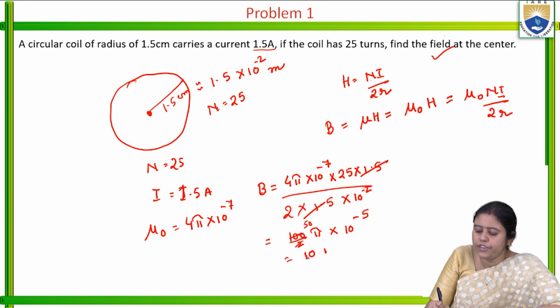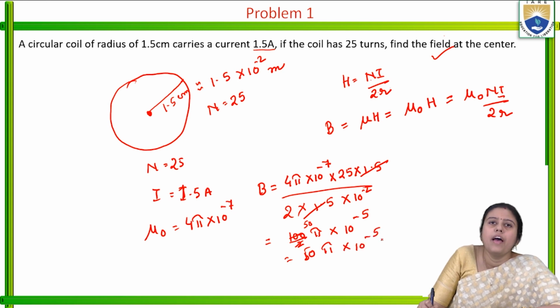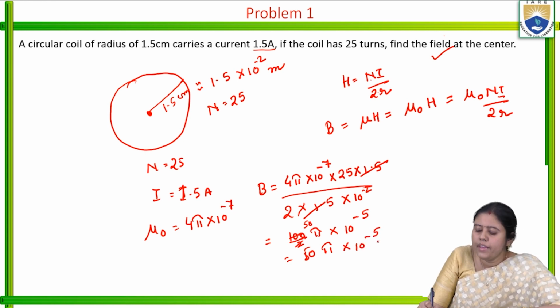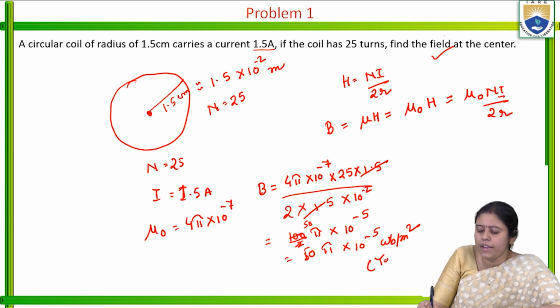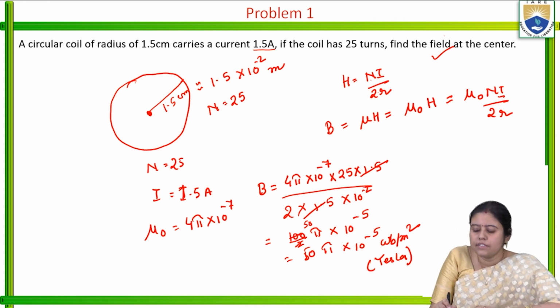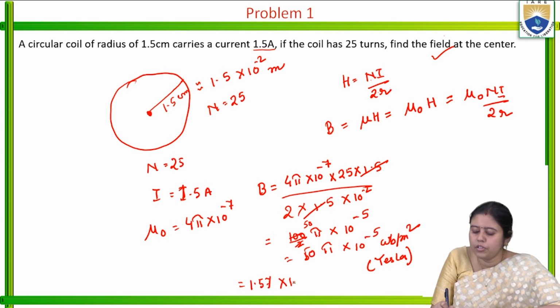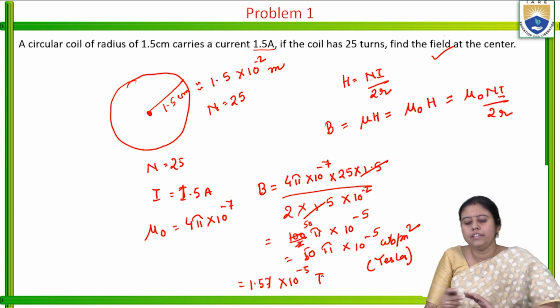So it is 50 pi into 10 to the power minus 5, and the unit of B is Weber per meter square, or we can write it as Tesla. So what value will come? It is coming 1.57 into 10 to the power minus 5 Tesla.